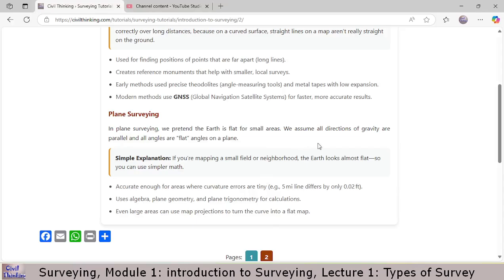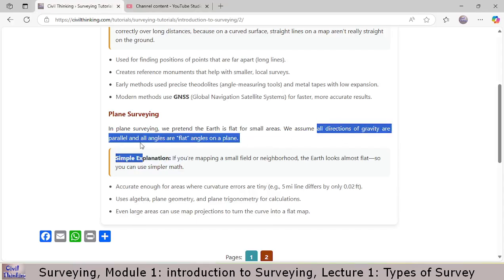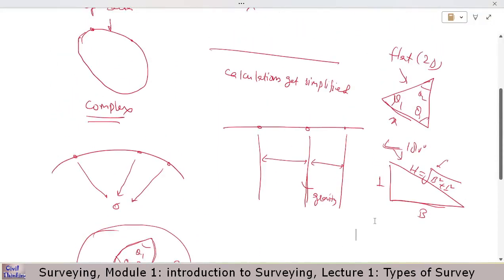So we assume all directions of gravity are parallel. What it means, I have already told you: these lines are parallel, and basically these lines are also the direction of gravity, because we are assuming the flat earth.